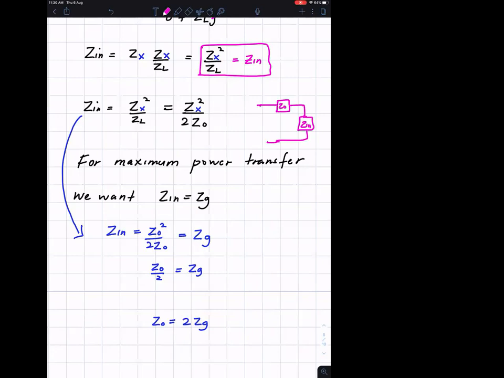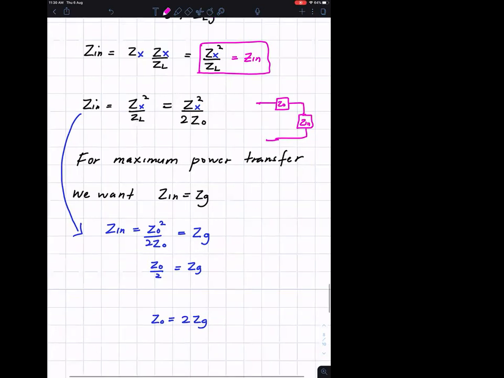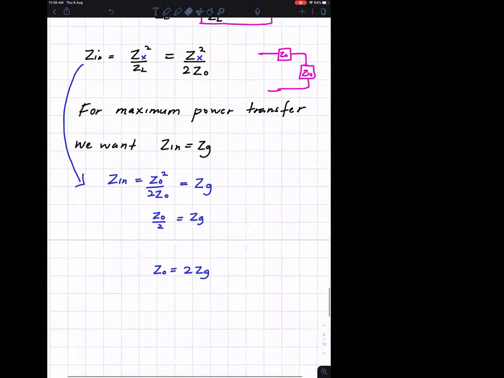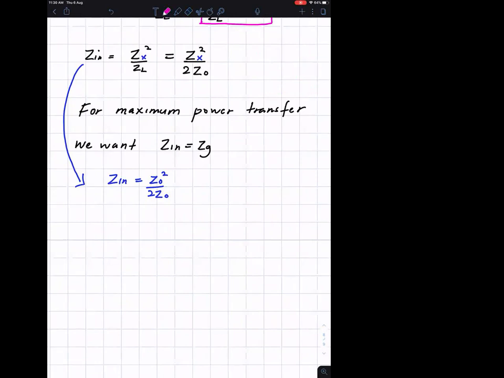This is Z naught. For maximum power transfer, Zin, the impedance looking into the circuit, maybe I redraw this a little more carefully.